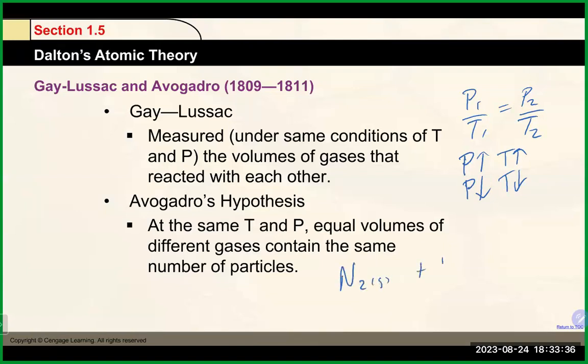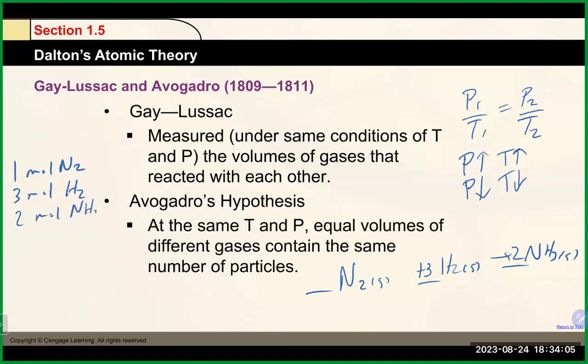N2 plus some H2 gives NH3, with a 3 in front of the H2 and a 2 in front of the NH3. Normally, going through this equation, we could use the coefficients and say that in this reaction we have 1 mole of nitrogen, 3 moles of hydrogen, and 2 moles of ammonia, which are just the coefficients in the balanced equation.